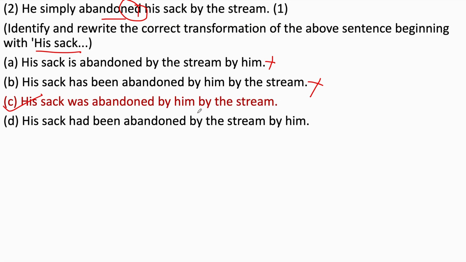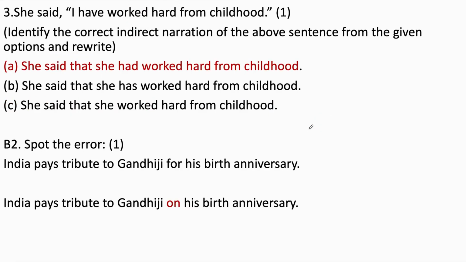Because students, as I told you, this is verb second form. जहाँ पे भी was आएगा वो ही आंसर अपना करेक्ट होगा. ठीक है, एंड abandoned, दिस इज योर सिंपल पास्ट टेंस, सो डेफिनेटली was आएगा, पास्ट टेंस है तो. So his sack was abandoned by him by the stream. was से देख के आपने आइडेंटिफाई करना है बिकॉज इट्स अ सिंपल पास्ट टेंस. His sack had been abandoned by him by the stream is again an incorrect answer.